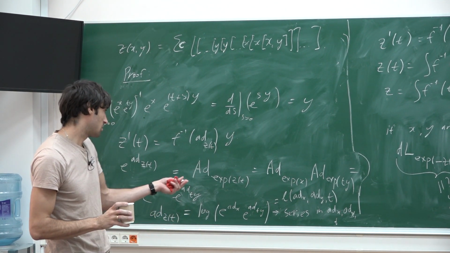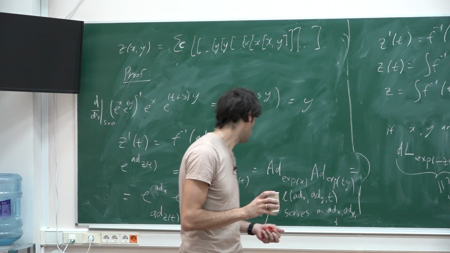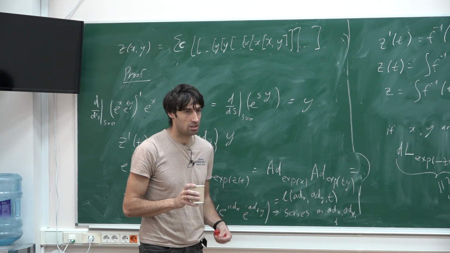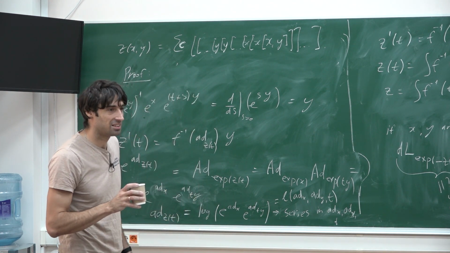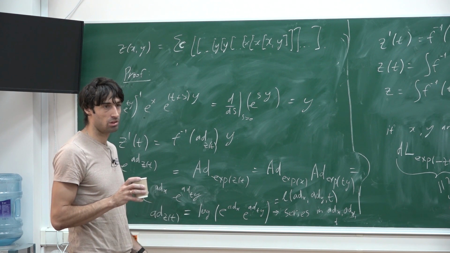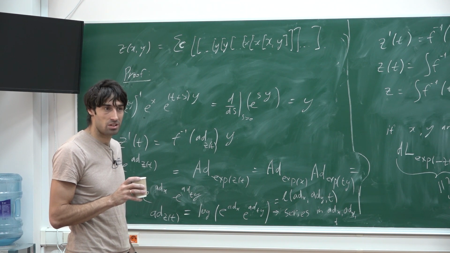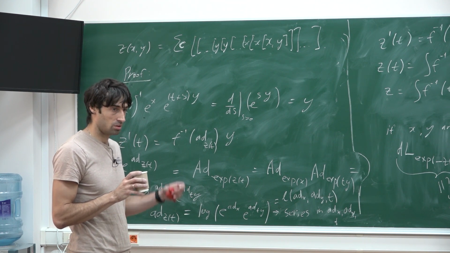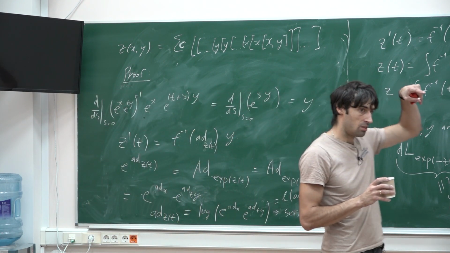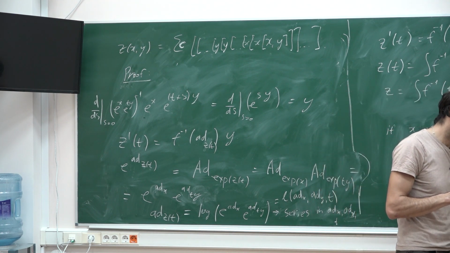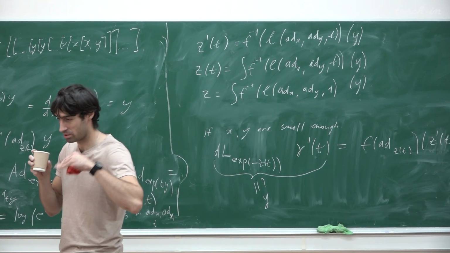The coefficients you can express combinatorially or through this function. All explicit formulas are quite terrible, but you don't need them. The most important part is that you have the series. If you try to compute e^x and e^y, you will get e to the z, where z is again in your Lie algebra, because your Lie algebra is closed under commutators.